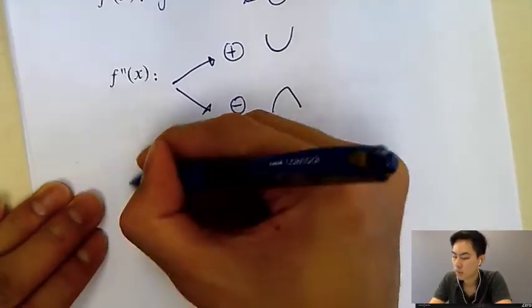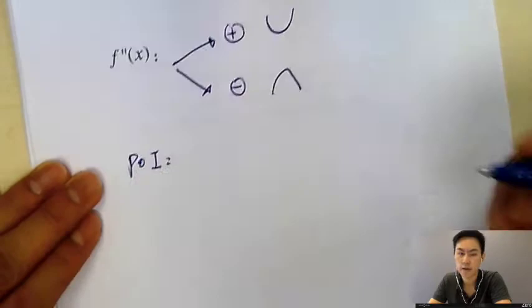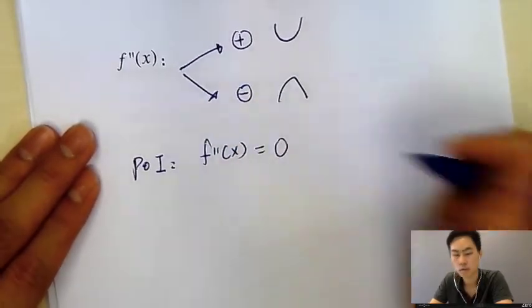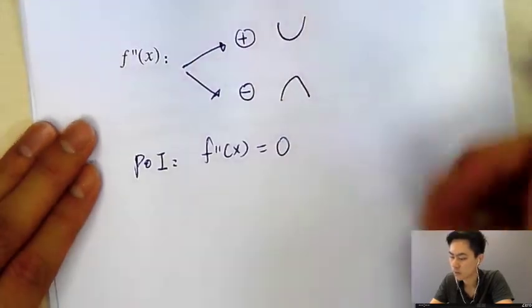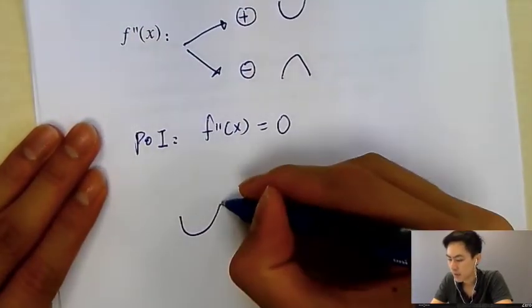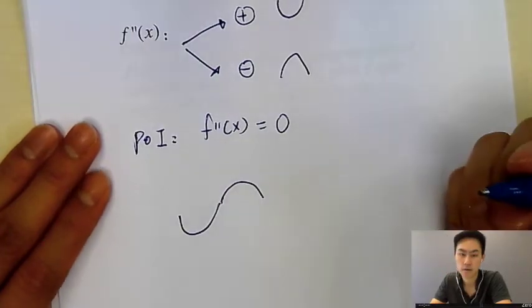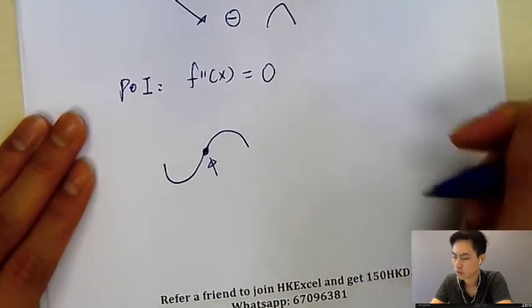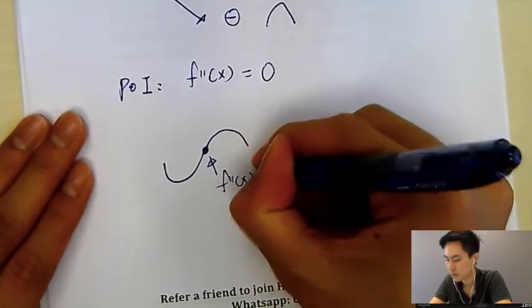Point of inflection is what we call it when the second derivative equals 0. When the second derivative is positive, it is a smile face, and after that it will be a sad face. Between the 2, this point is what we call neutral, where f double dash x equals 0.